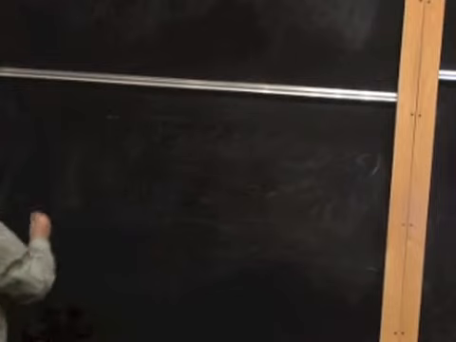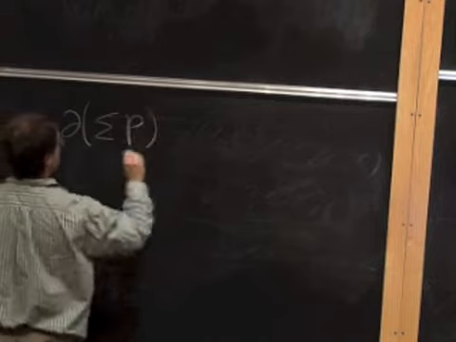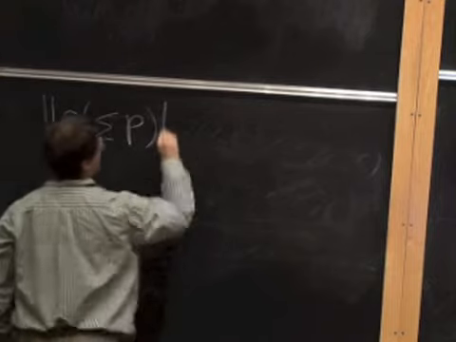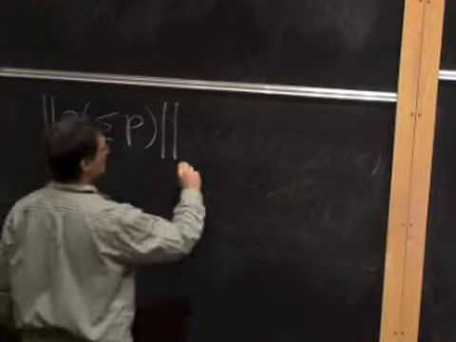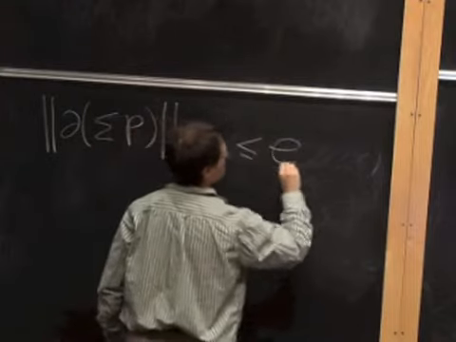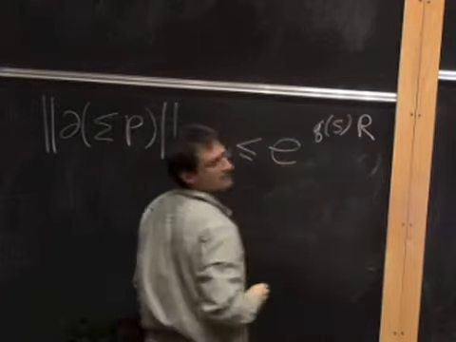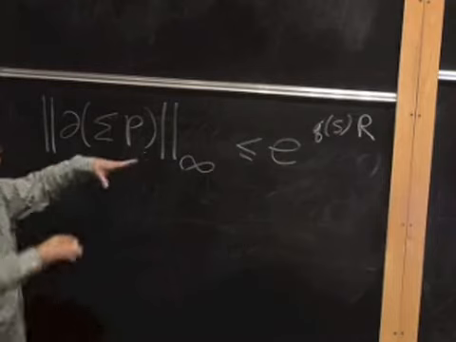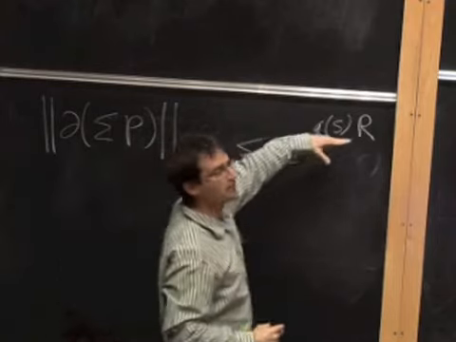What I know is that if I take this boundary of the sum of pants, so this is my discrepancy, and I'm asking how large is this discrepancy? Well, it's less than e to the q of s times r. The number of pants adjacent to a curve is like e to the r, but I have this smaller term, which is this difference.